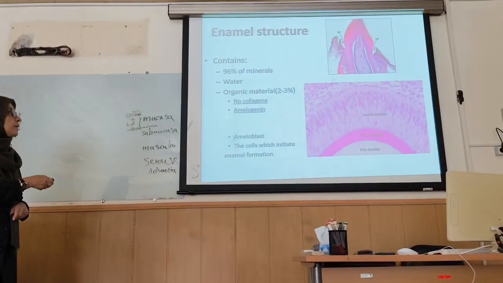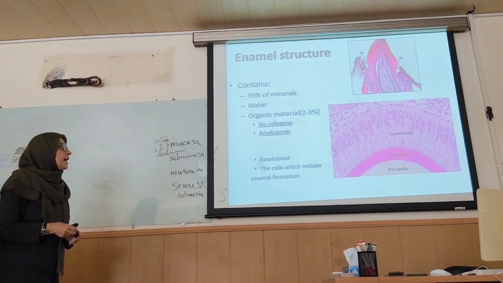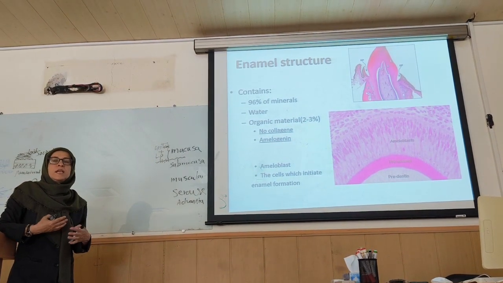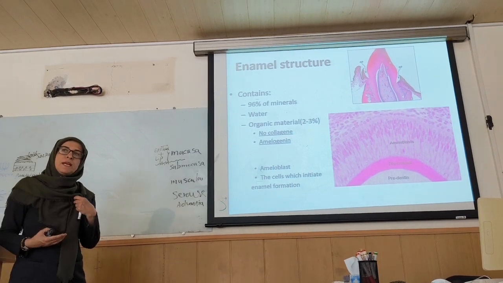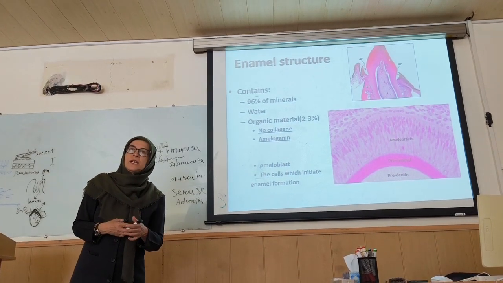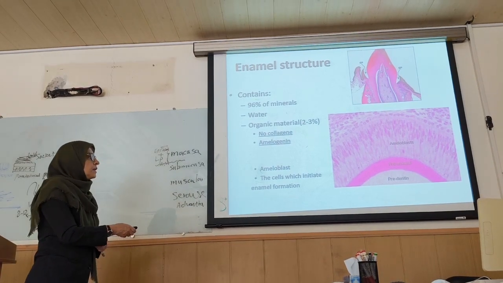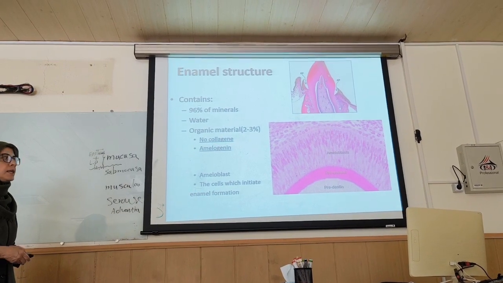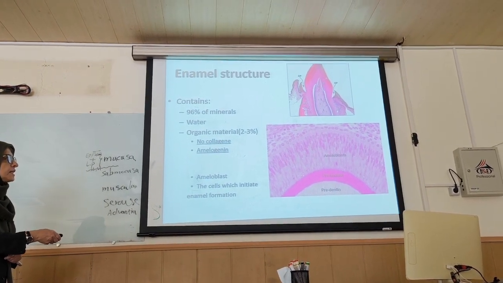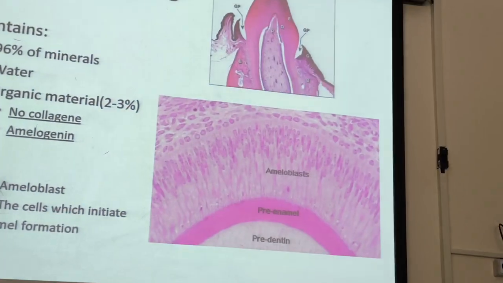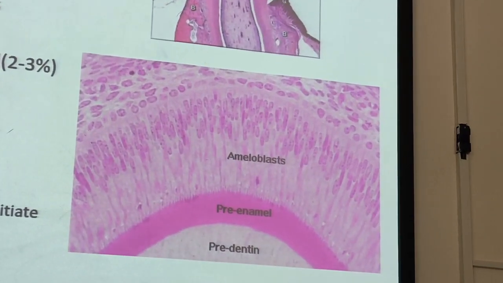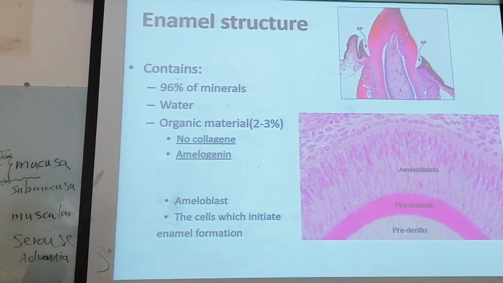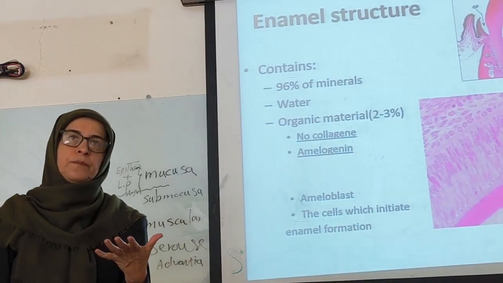It includes some special proteins such as amelogenin and enamelin, which are important for the development and maintenance of the enamel. The enamel is produced by cells called ameloblasts, which are very tall columnar cells that produce the enamel in the embryonic period before eruption of the tooth.